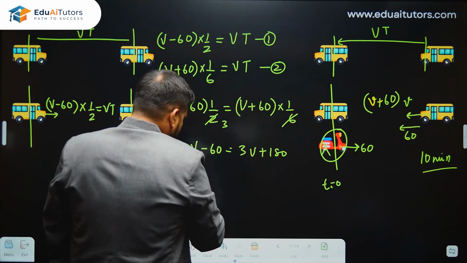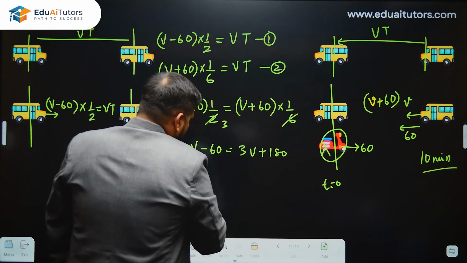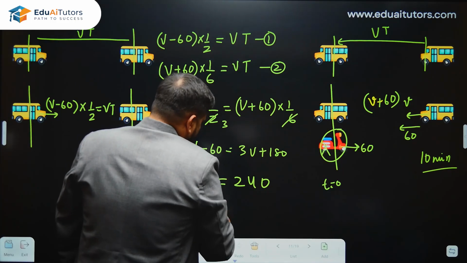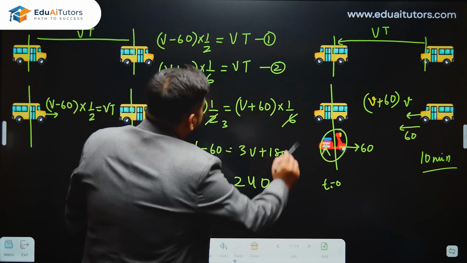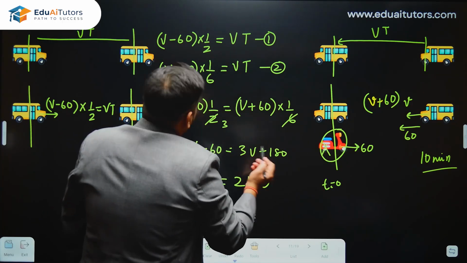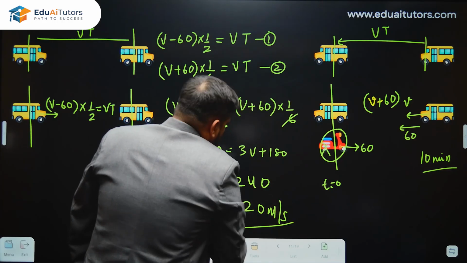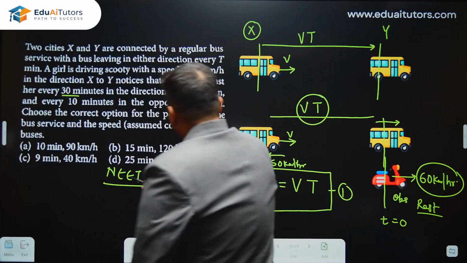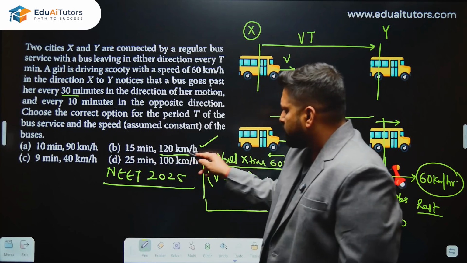So you get 2V is equal to 240 and V will be equal to 120 meters per second. If you take this 120 and check the options, you get the answer over here, which is only one option for this.